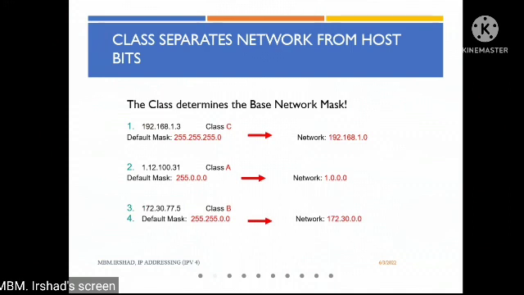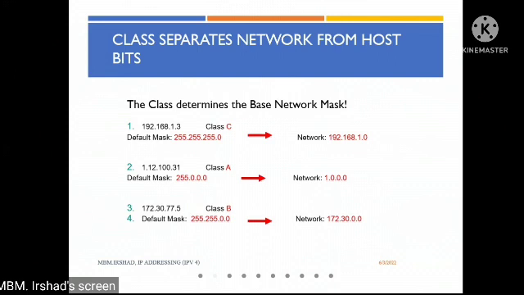For example, in 192.168.1.3, the default mask is 255.255.255.0, so straight away we know the class should be C. The network ID will be 192.168.1.0, and remember we learned that 0 normally refers to the network address.